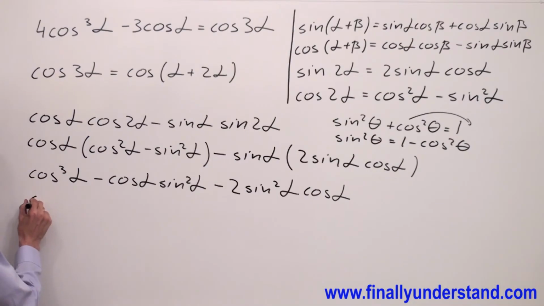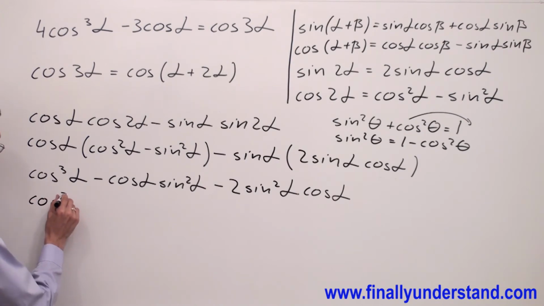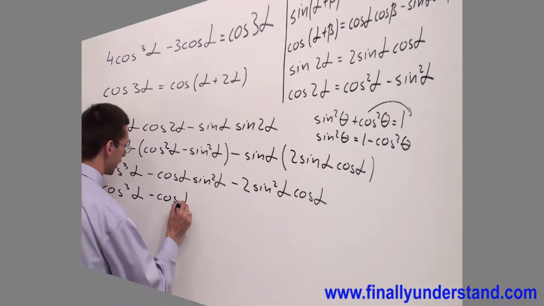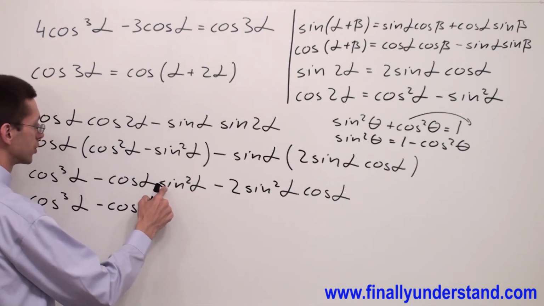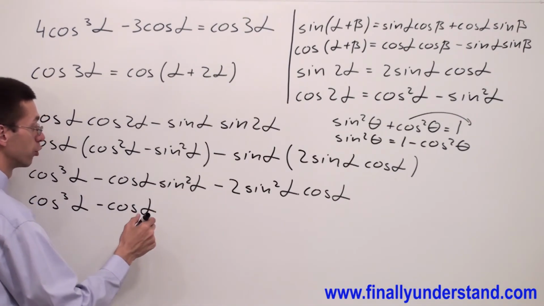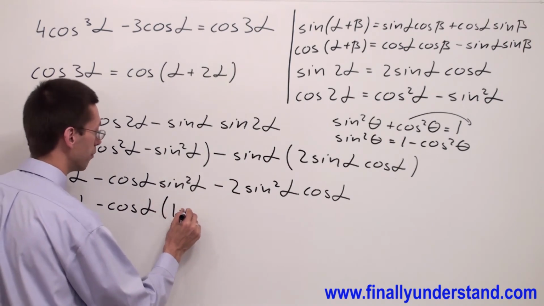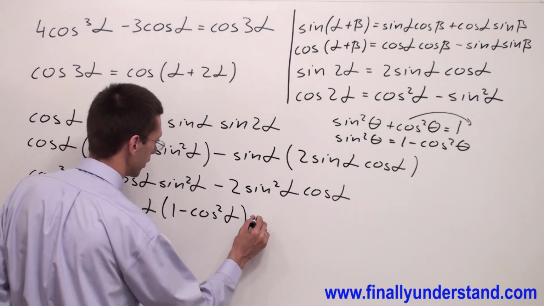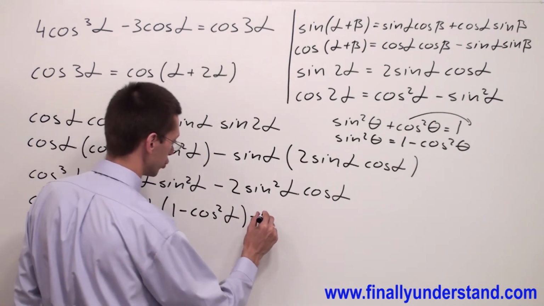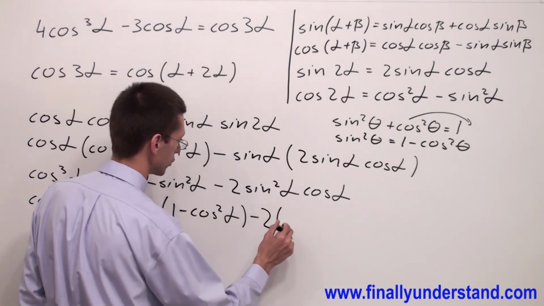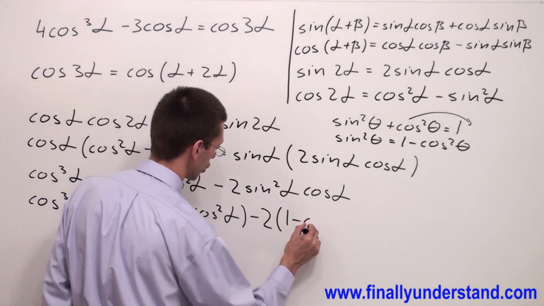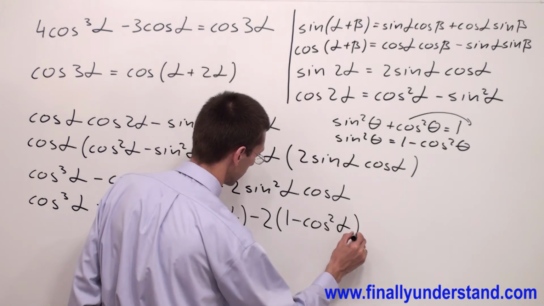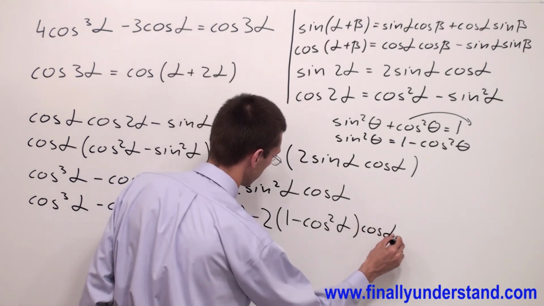I have cosine cube alpha minus cosine alpha, and instead of sine square alpha, I'm going to write 1 minus cosine square alpha, minus 2 times 1 minus cosine square alpha times cosine alpha.